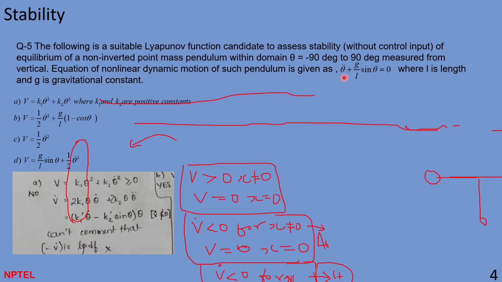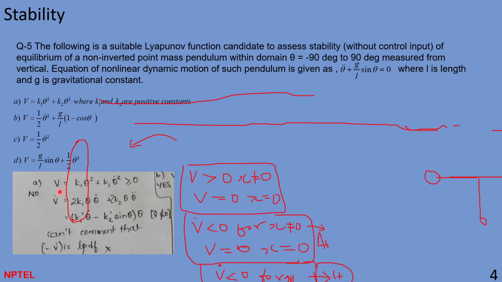This will always be greater than or equal to 0, because these are square terms, right? And it will be 0 when theta and theta dot are 0. So the first condition is satisfied, which is positive definite.